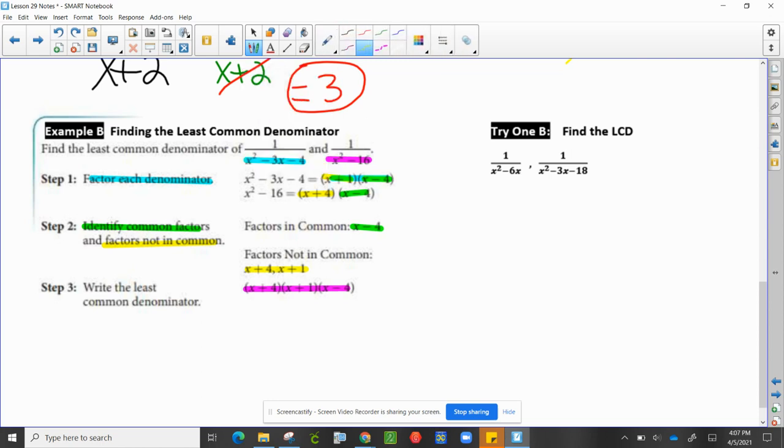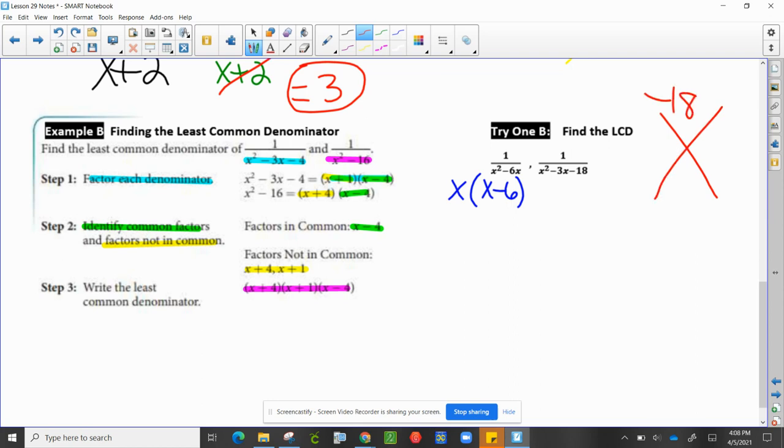But let me go through one with you, and then that'll be it for today. So step 1 says to factor each denominator. So the left denominator is x squared minus 6x. So the only thing I notice there I can do is take out an x from each term. That would leave you with x minus 6 left over. Okay, denominator 2 is a trinomial, so I'd make the x.